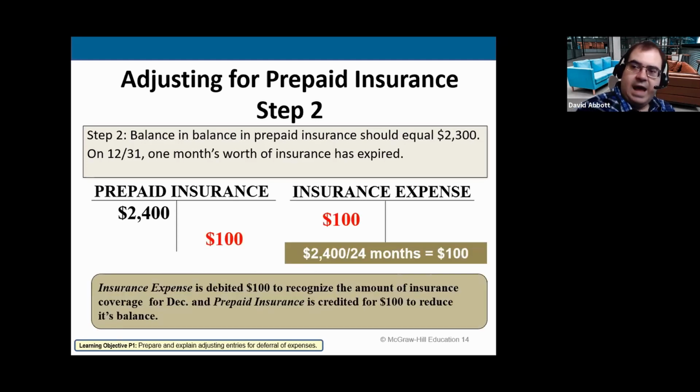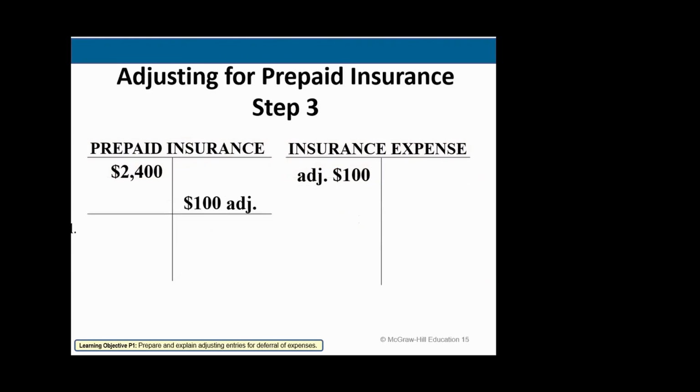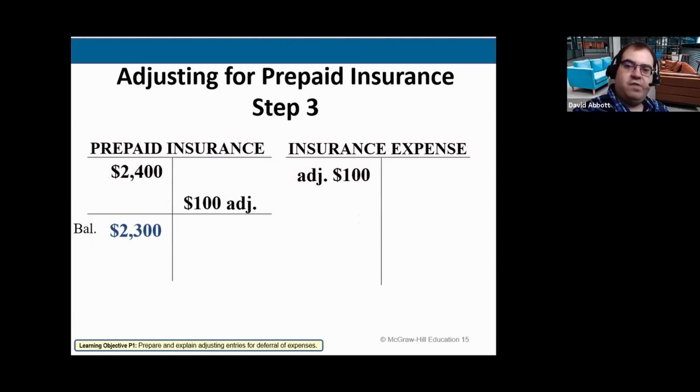We have to debit the insurance expense in order to recognize the amount of insurance that we've used, and then we credit prepaid insurance $100 in order to reduce the balance of it. So right now, we knew that we had $2,300 of insurance left, which is step 3.